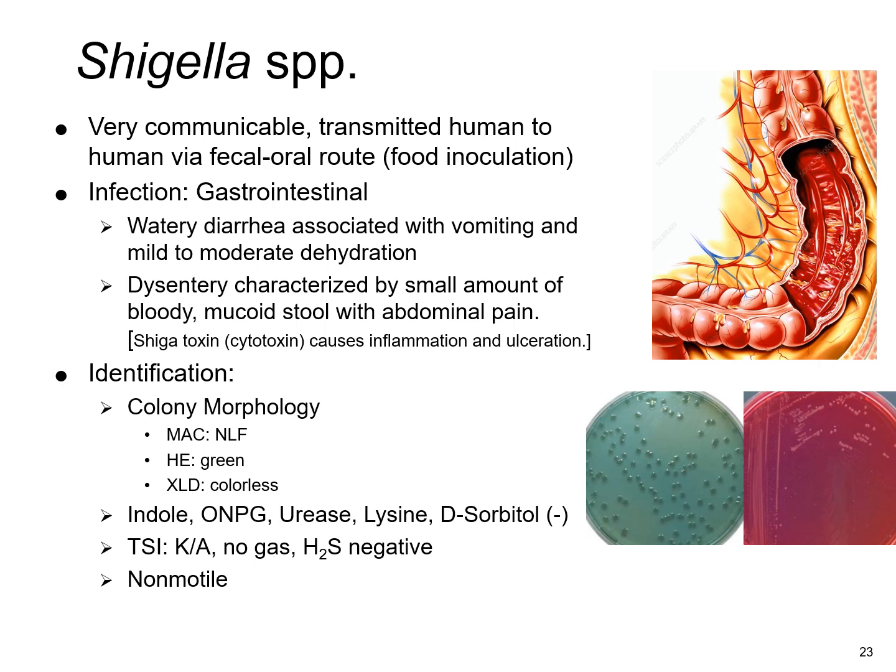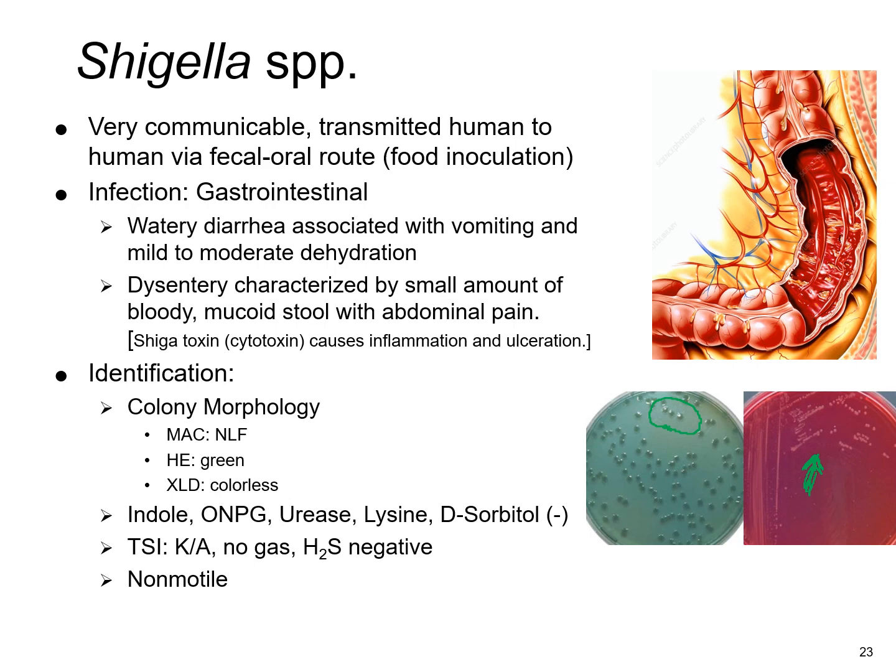It presents as a non-lactose fermenter on MacConkey agar. On the HE agar, it stands out a little bit different because it does produce green colonies, but they do not have the black center like the Salmonella did. Your XLD colonies are colorless, so they just show up on the agar. They don't have any sort of special presentation to them.